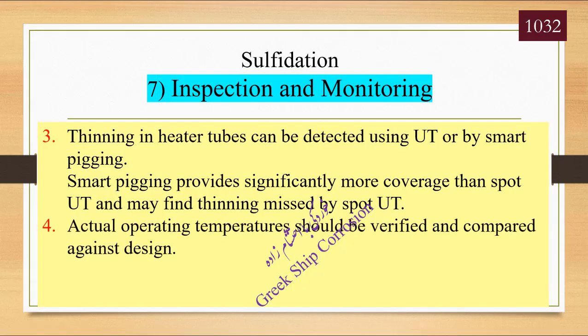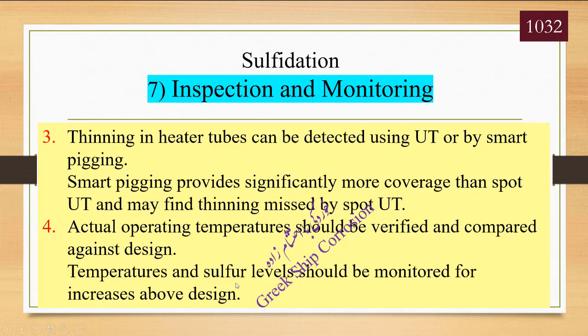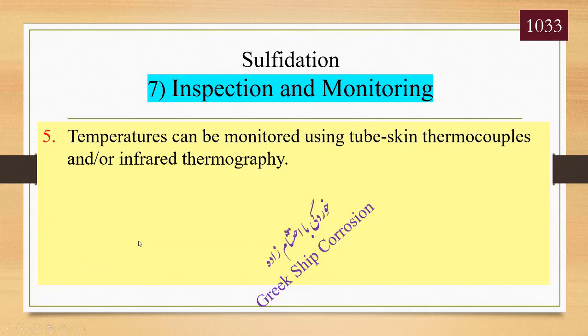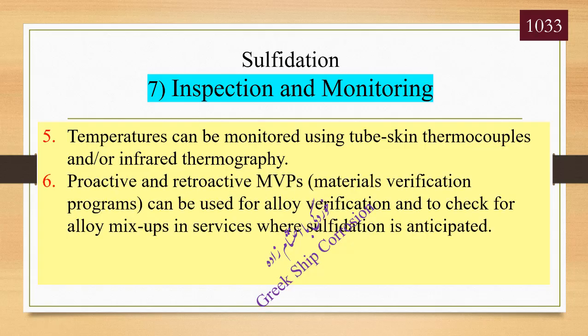4. Actual operating temperatures should be verified and compared against design. Temperatures and sulfur levels should be monitored for increases above design. 5. Temperatures can be monitored using tube skin thermocouples and/or infrared thermography. 6.